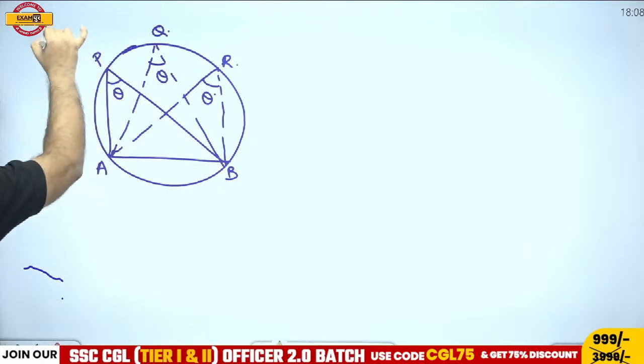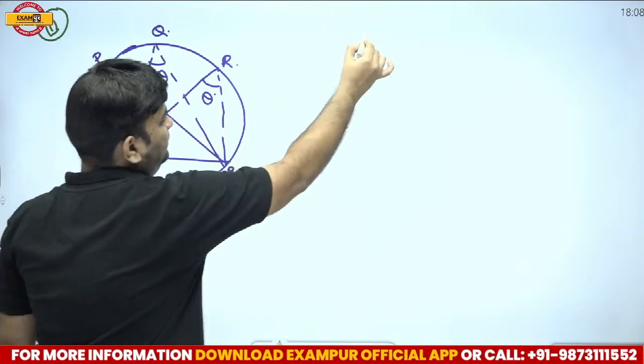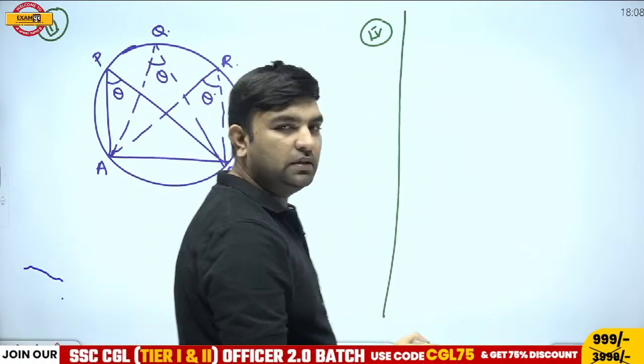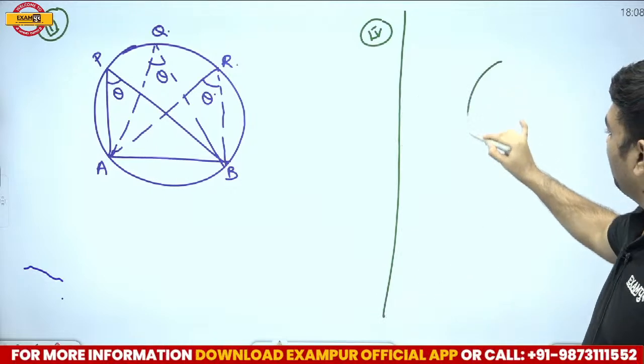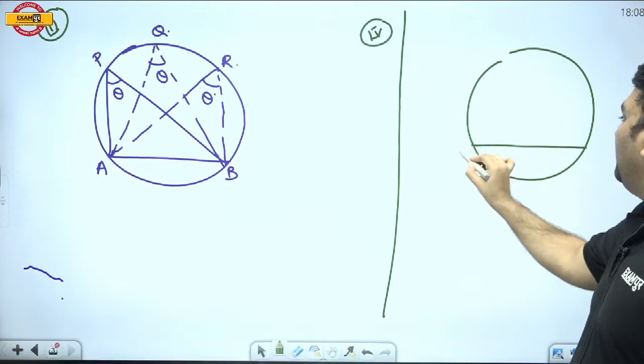This might be the third, or may it be the fourth. The fourth is, let's suppose AB is the chord.